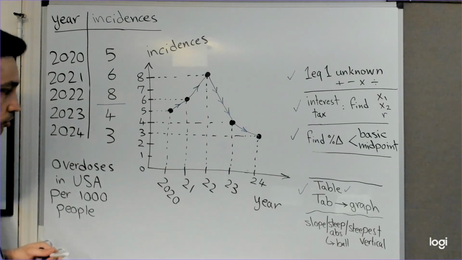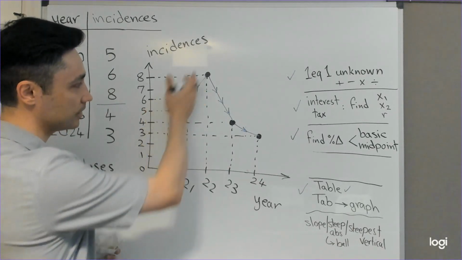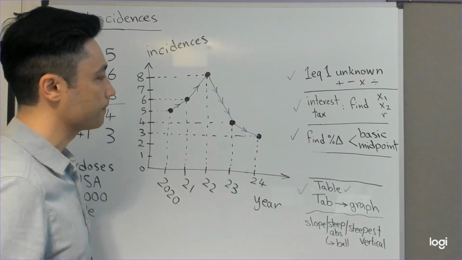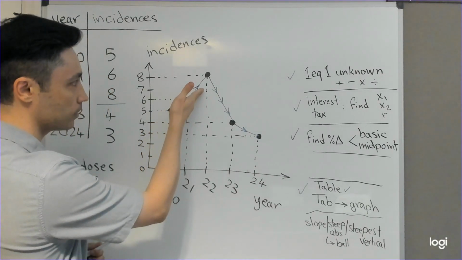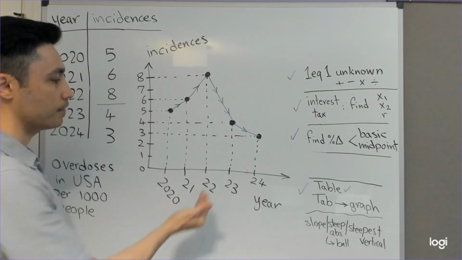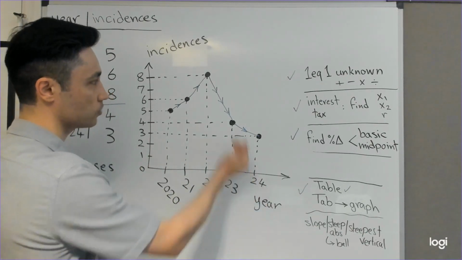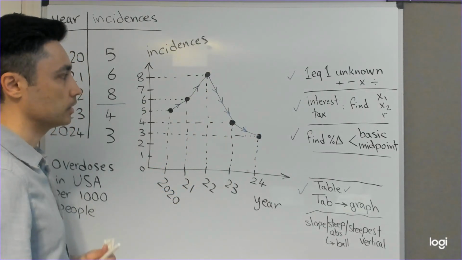Now about the slopes and the steepness. The slope is positive here, and the slope is negative here. Every time the graph is going up, as you go to the right, the slope is positive. Every time by going to the right, the trend is going down, the slope is negative.